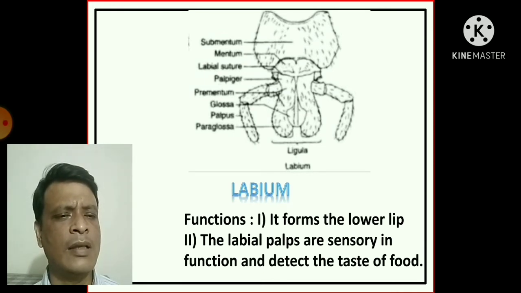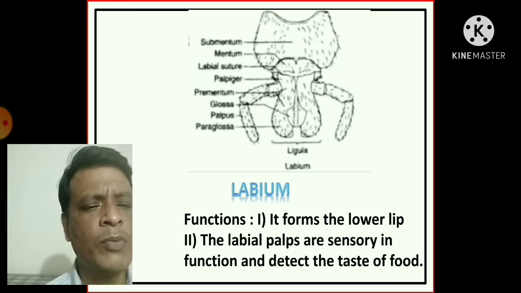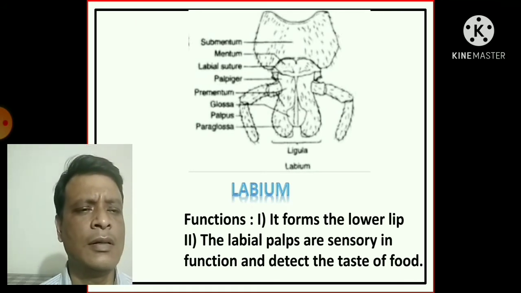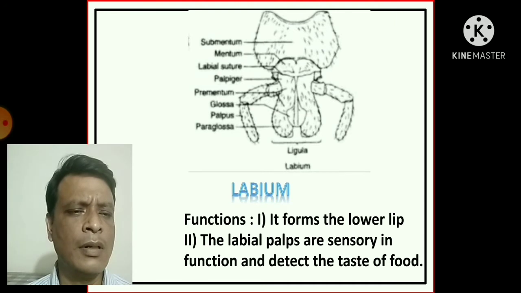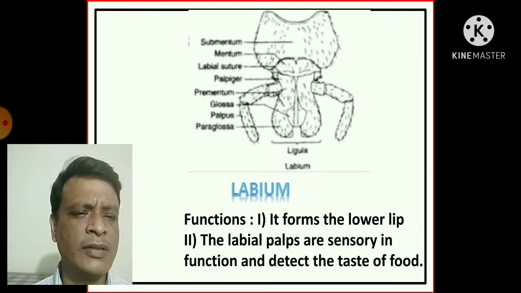This is a jointed, complex, and bilaterally symmetrical mouth part, and each labium has some distinct parts: the submentum, mentum, and labial palps are also present there. The labial palps bear some bristles.